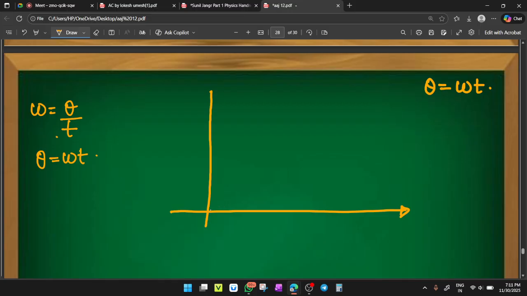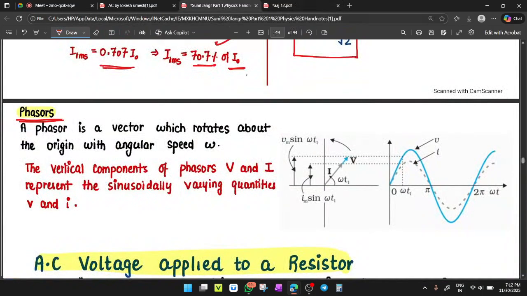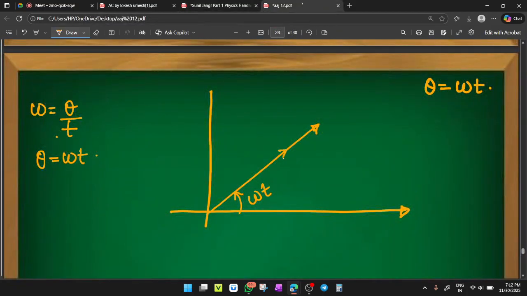So this is a phasor. At any instant t, the angle traveled by voltage or current is given by theta equals omega t. Clear? So check here. This is the phasor for current. At any angle omega t1, one quantity, current I, is shown.